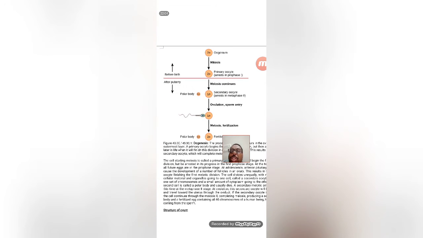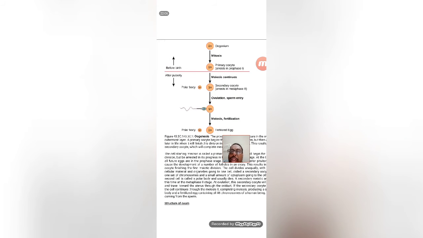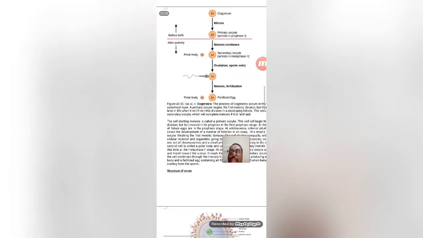Once fertilization takes place, further division will occur, and the chromosomes will be arranged according to their numbers, and it will become diploid. So this is the main thing that is taking place in meiosis.